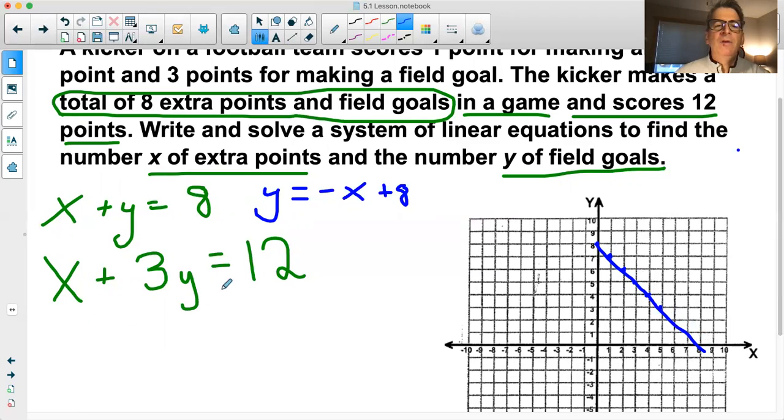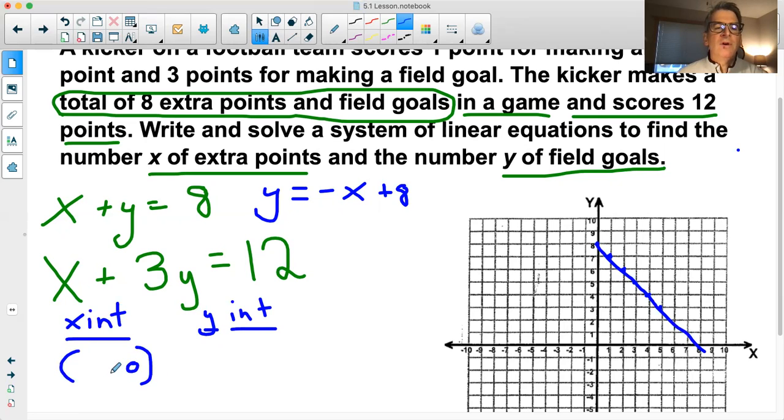I will probably use the intercepts for the second equation. What's the x-intercept, or the y-intercept? It's pretty easy to see. I see this 3 and I see a 12, so that tells me 4. But x-intercept is when y is 0.